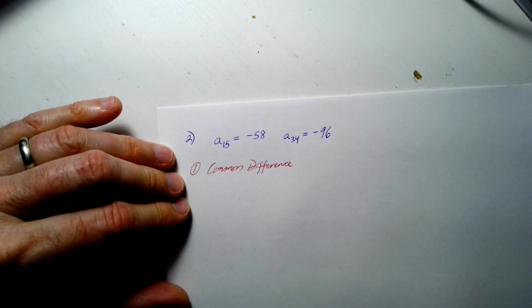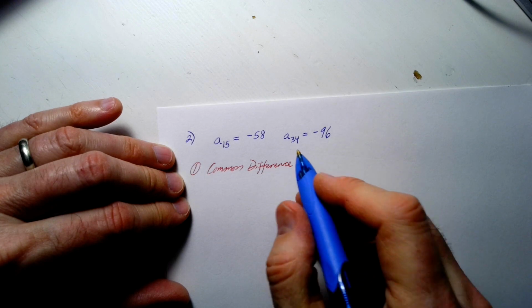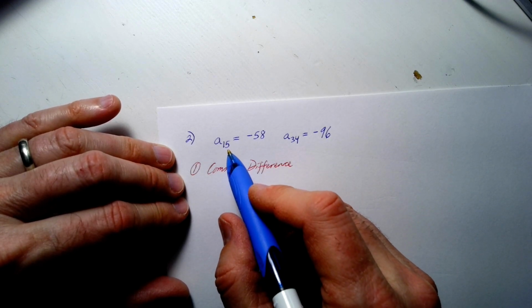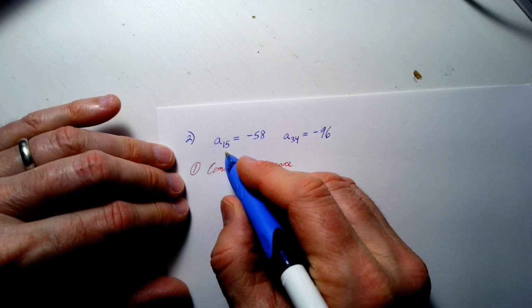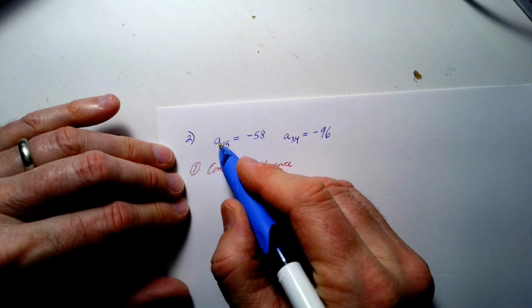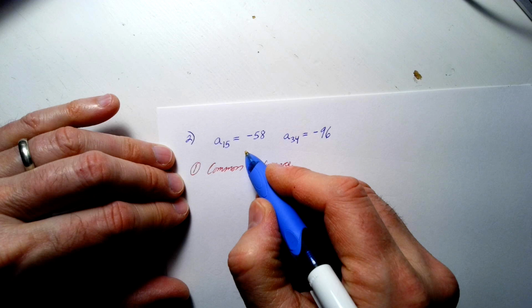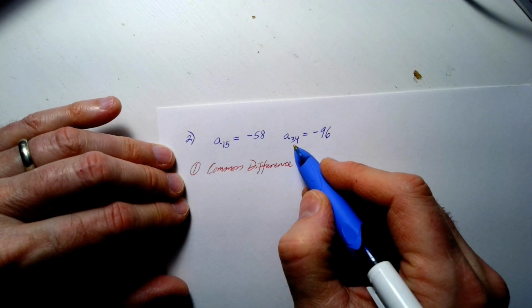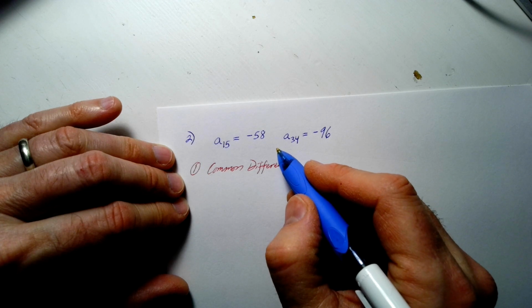What we need to do is get the value that's between the steps of the sequence: A15, 16, 17, 18, 19, all the way up to A34. That's the same value for each step of the way.